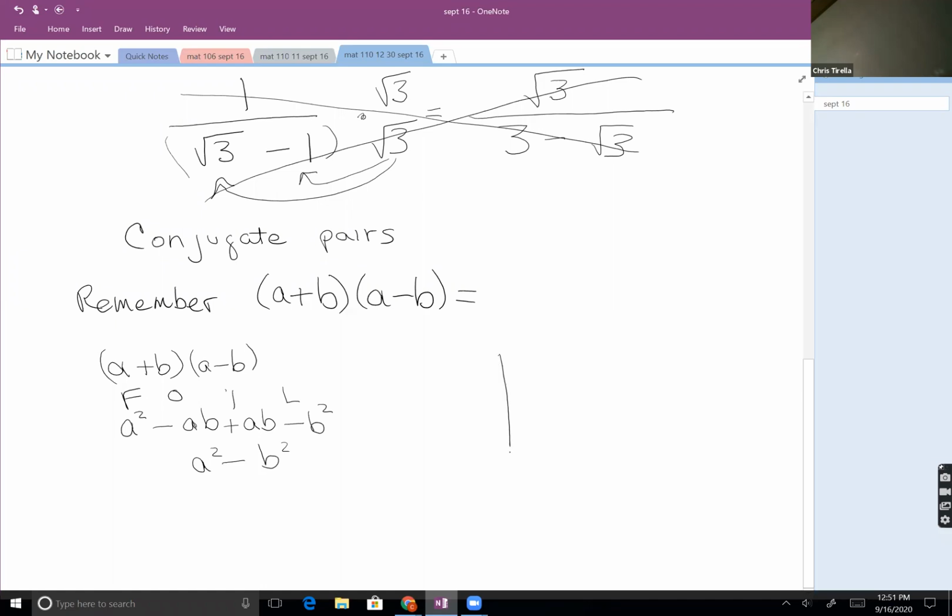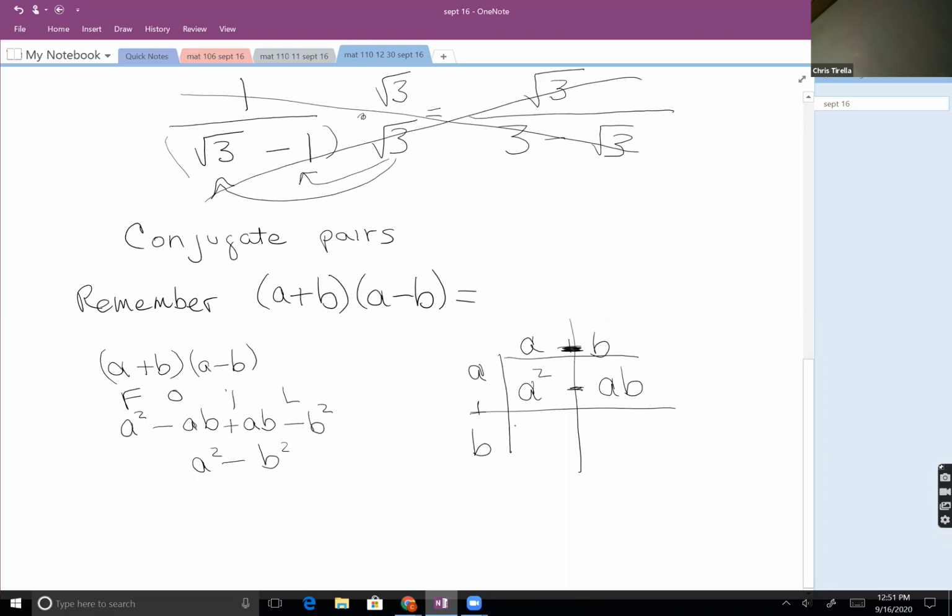If you're not a FOILer, you're probably a boxer. And if you're a boxer, this might look more familiar. A times a is a squared. A times b is ab. I'm sorry, one of those was a minus sign, I apologize. A times minus b is minus ab.